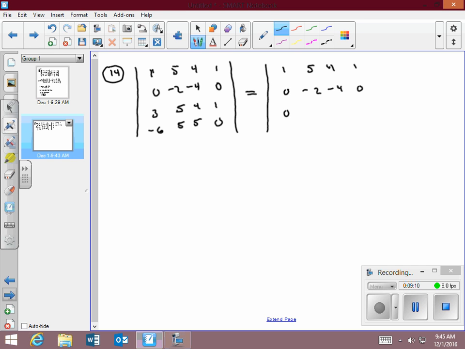0, minus 15 is a minus 10. Minus 12 is a minus 8. Minus 3, minus 2. Wow. 6 times the first row. 0. 35. 24 and 5 is 29. 6.